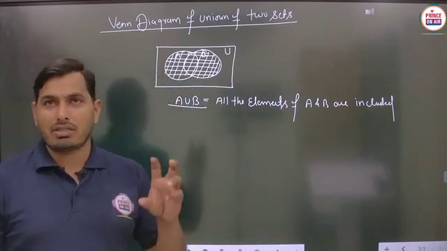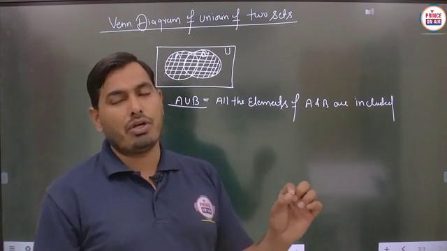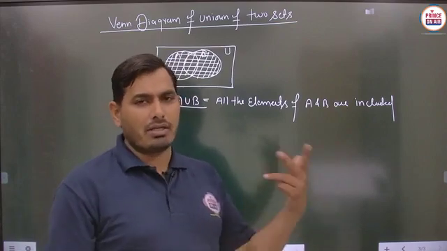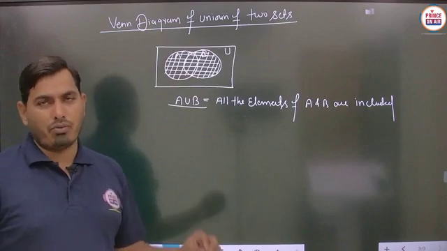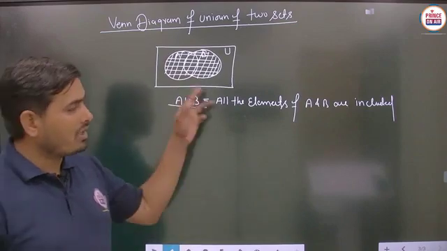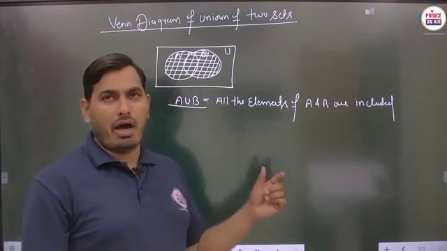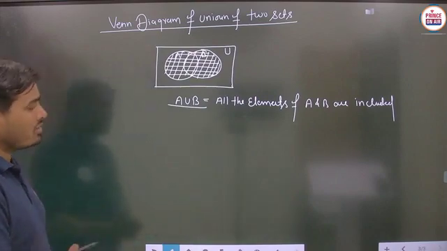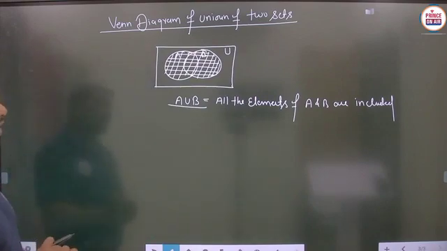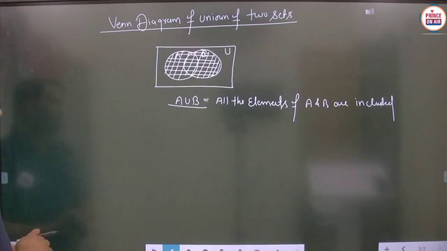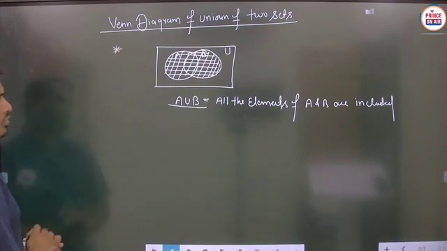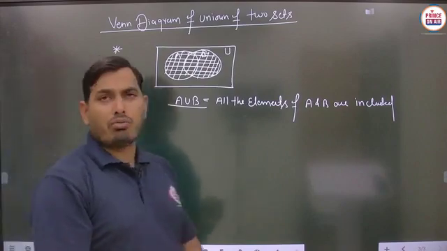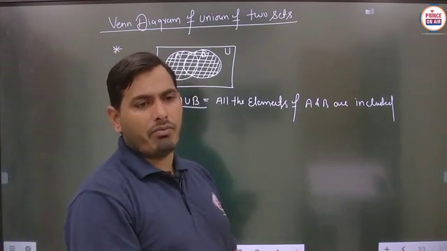The shaded region will represent the answer of the particular operation. So we shade that part, and the shaded part represents the answer of the question. This is the basic Venn diagram for the union of two sets. Is that clear? We have to keep this in mind. The very important part is how to make the Venn diagram of the union operation.